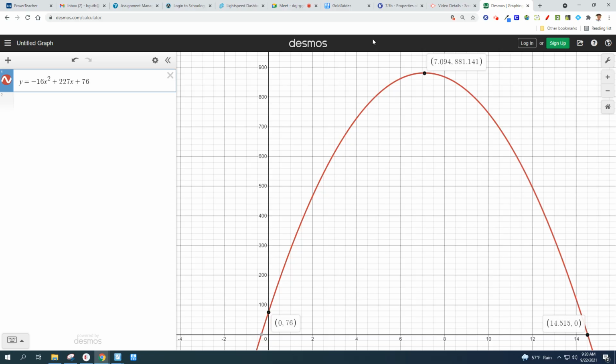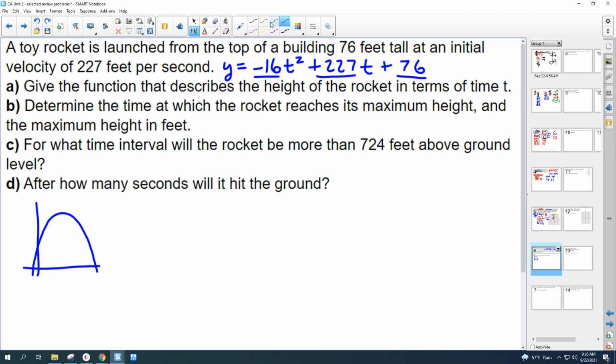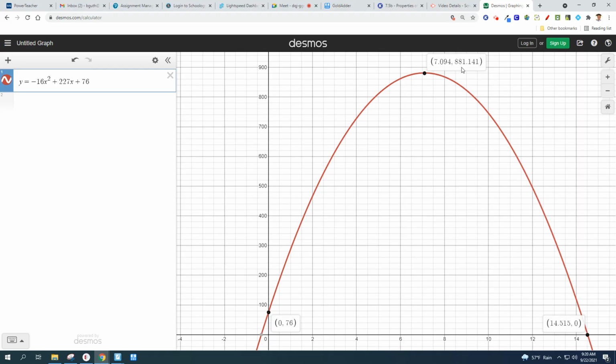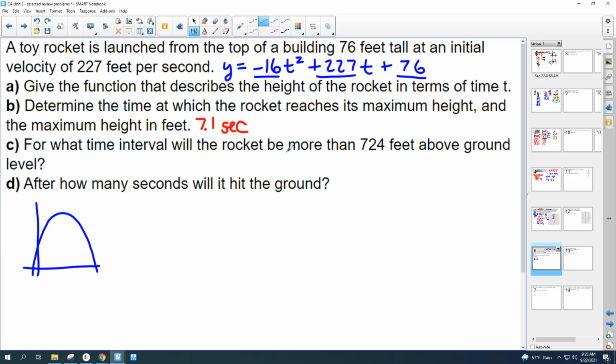Okay, so that would be your answer to that question. 7.1 seconds and 881.1 feet. That symbol right there is the symbol for feet. So you can say that or FT.